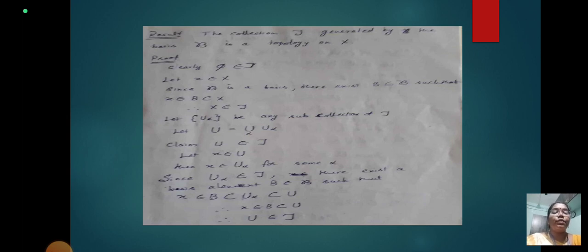Since U alpha belongs to tau, there exists a basis element B belongs to script B such that x belongs to B subset of U alpha, and U alpha is a subset of U. From this relation, we can write x belongs to B subset of U. By the definition of the topology generated by the basis, we can write U belongs to tau, which means U is equal to union alpha U alpha belongs to tau.